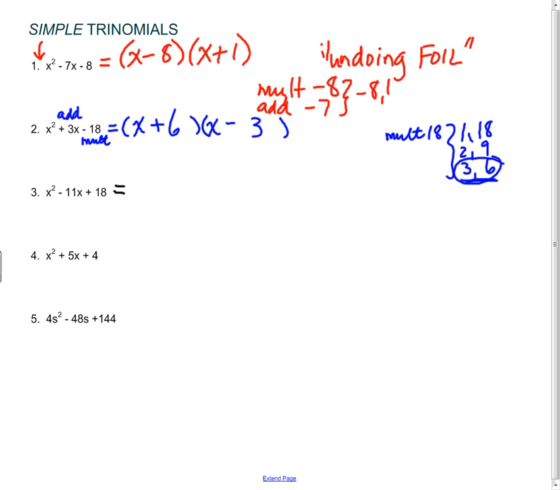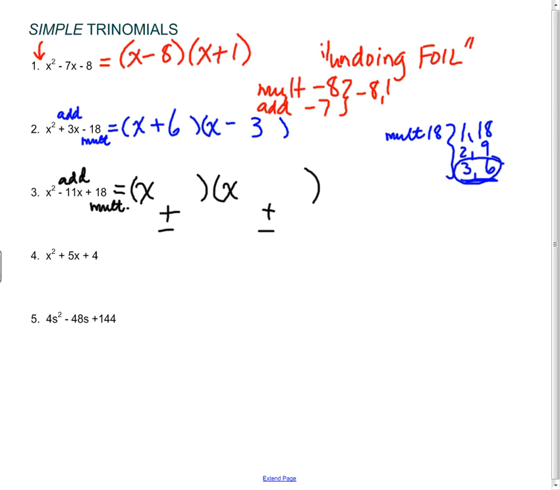Factoring x squared minus 11x plus 18. It's a simple trinomial. I throw up 2 brackets with an x at the beginning of both. I am multiplying to 18. I like that number. Adding to negative 11. If I am multiplying to a positive, the signs in my brackets have to either be positive and positive or negative and negative.